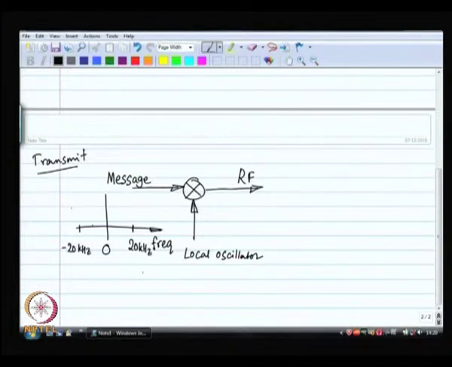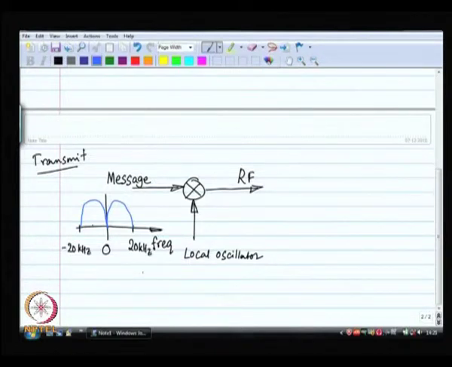The x axis is the frequency axis, and the signal will look something like this. This is typical for a voice signal.